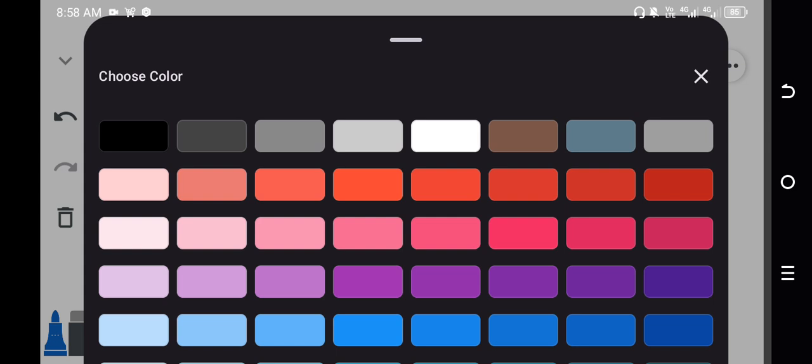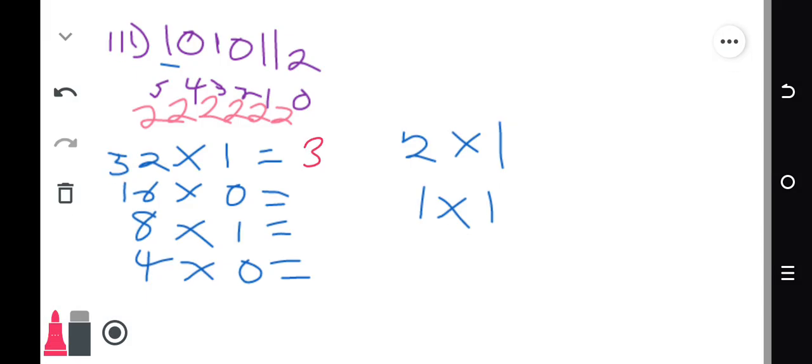This is giving us 32, this is giving us 0, this is giving us 8, this is giving us 0, this is giving us 2, and this is giving us 1.